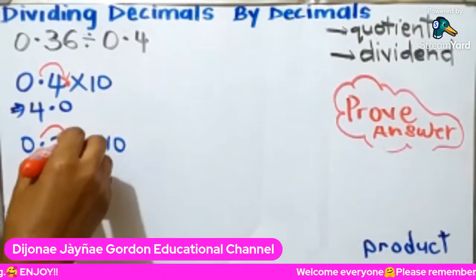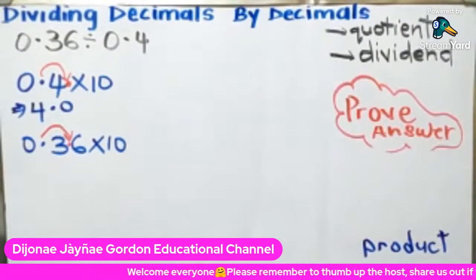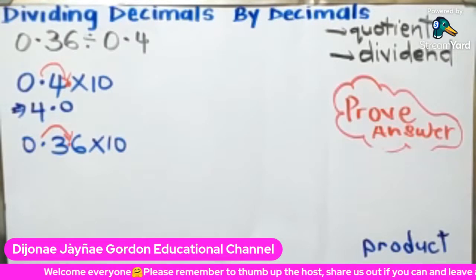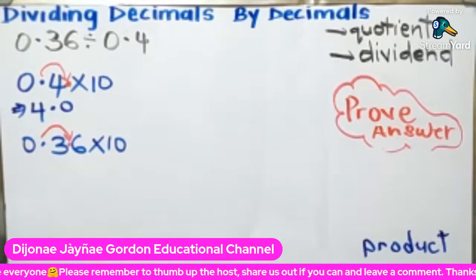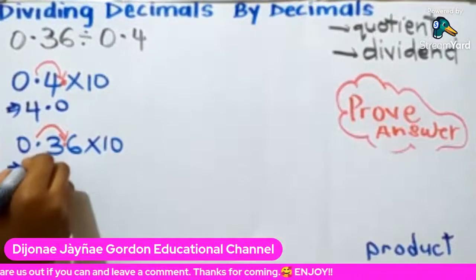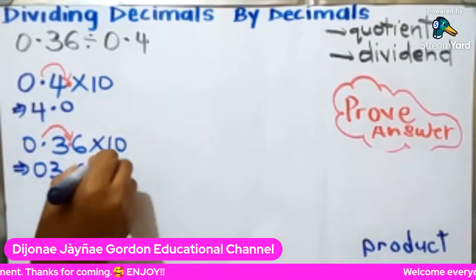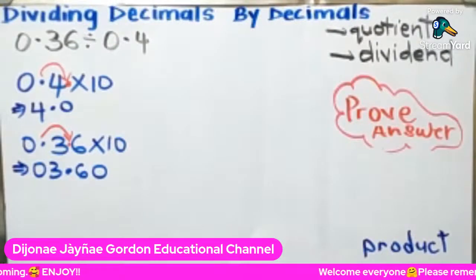So now my decimal place comes between the 3 and the 6. All right. So what our answer would look like is this: 3.60. All right.